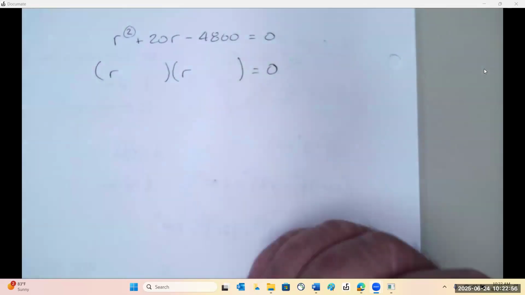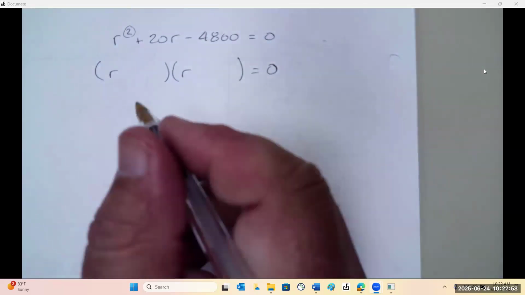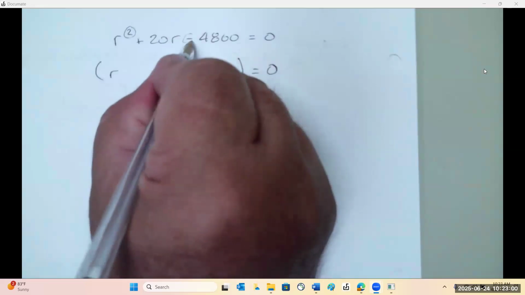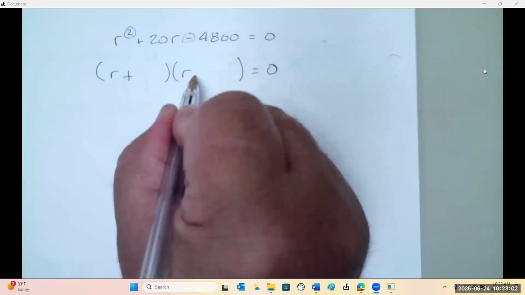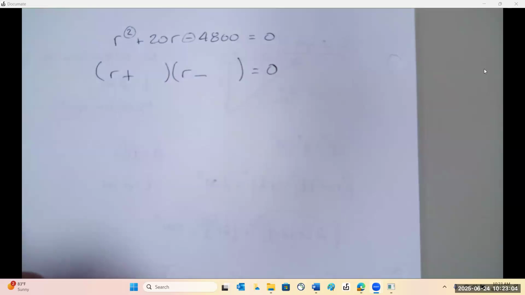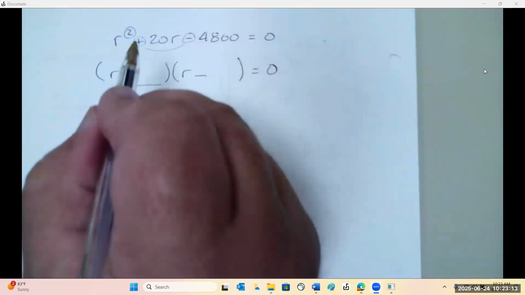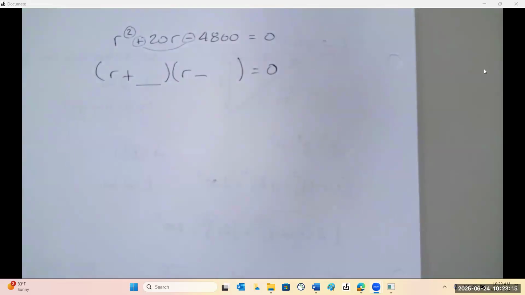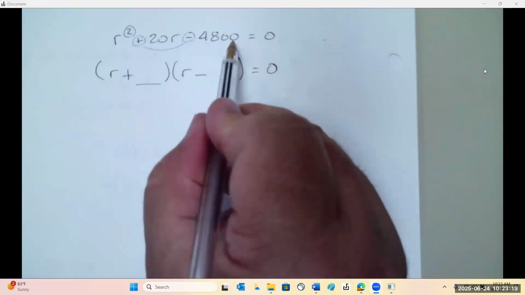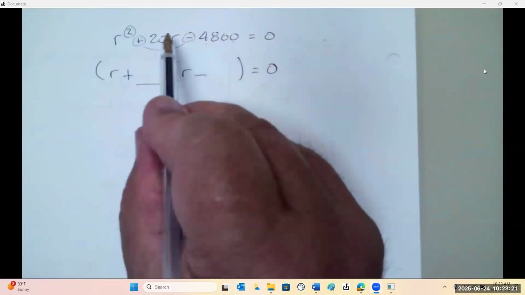So what signs go there? Because it's a minus, they're opposite signs. And the bigger number goes where? The positive. Now we have to figure out what times what is 4,800, where subtracting them gives 20.